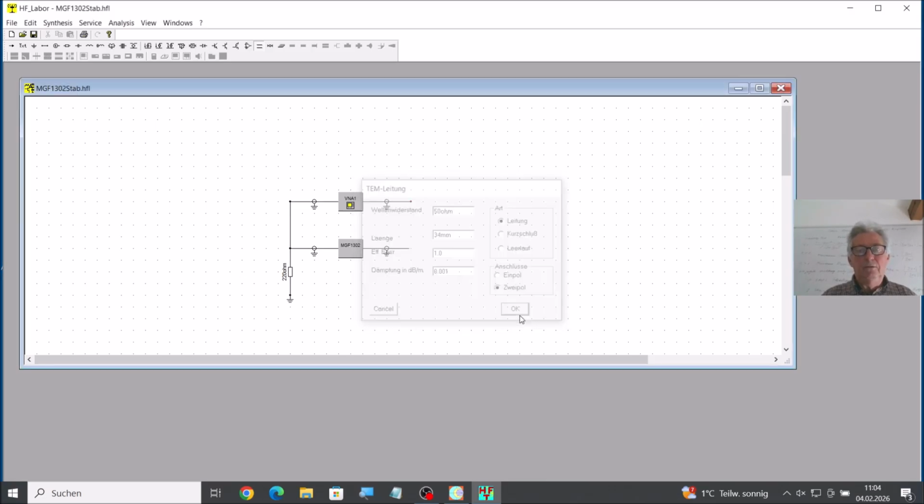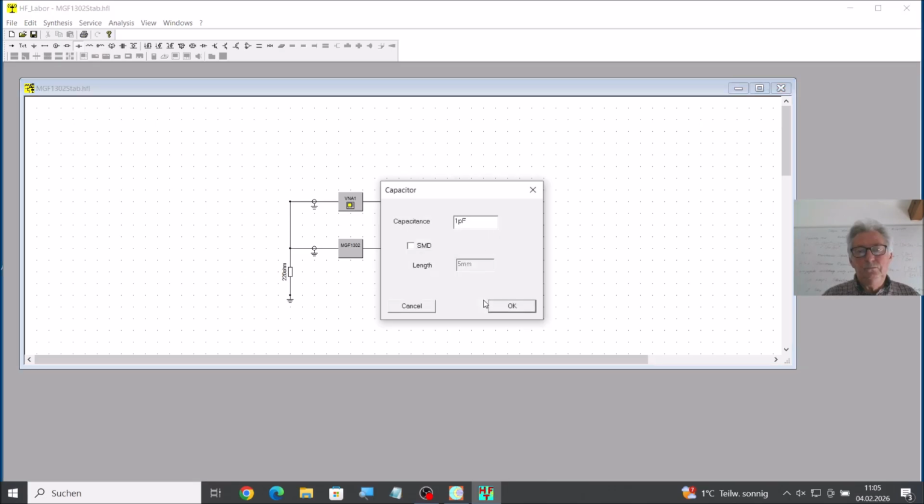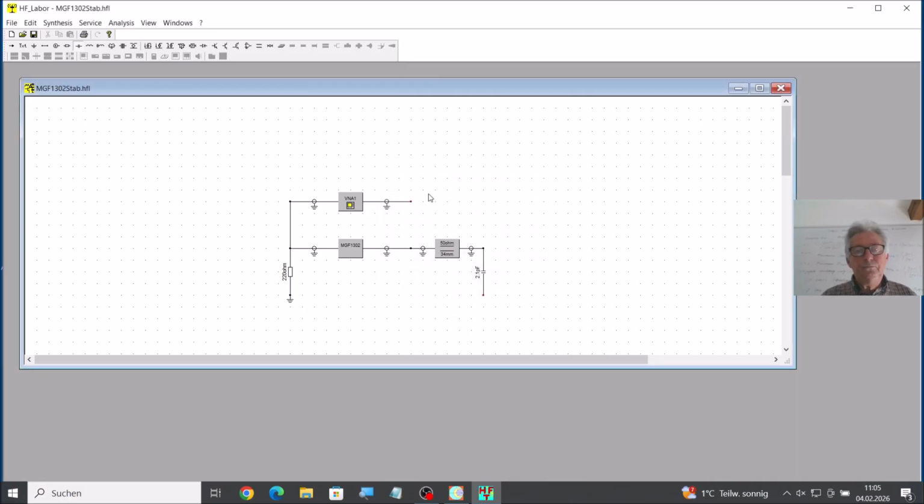So we have a 50 ohm transmission line of 34 millimeter, and we use a capacitor, oh sorry, not parallel to the input, but parallel to the output, of 2.1 picofarad. And then we can perform the analysis again.